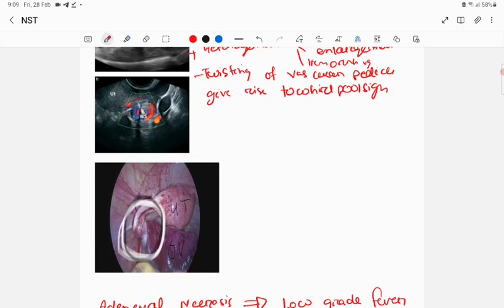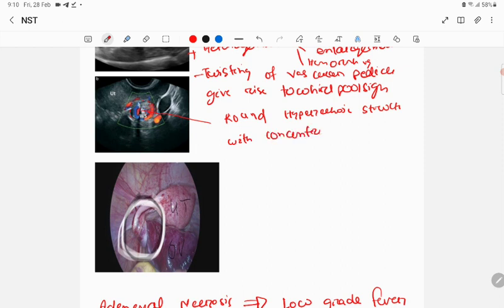There will be a round hyperechoic structure with concentric hypoechoic strips surrounding it.